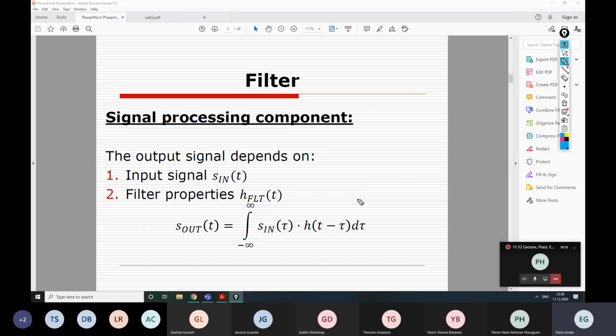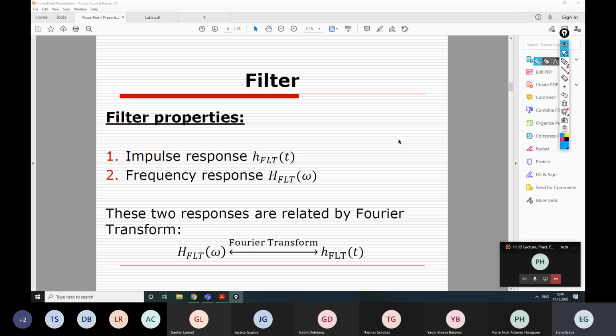This is called convolution, and we will talk about it more later today. Convolution, right? But basically, the filter calculates the convolution between the input signal and the filter impulse response. So that's how a filter operates, and that's how we model it in our computer software.